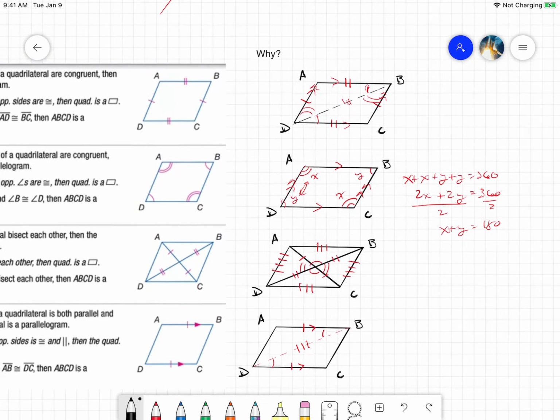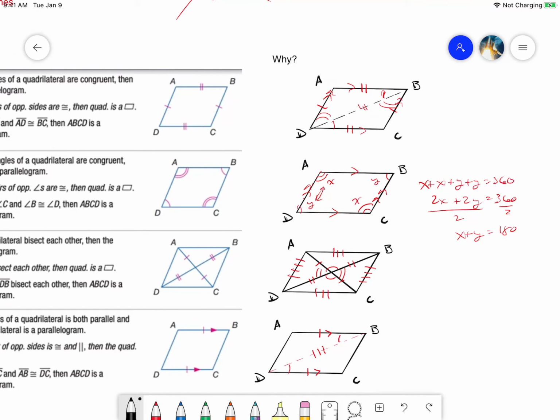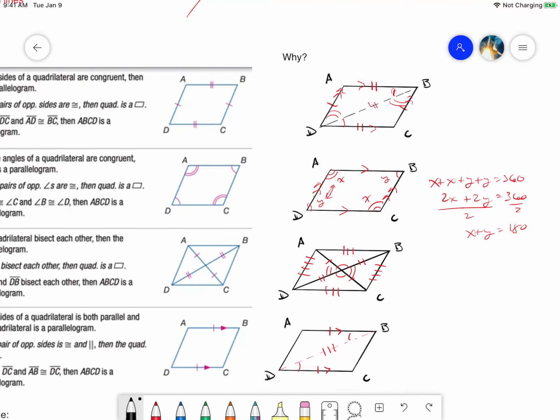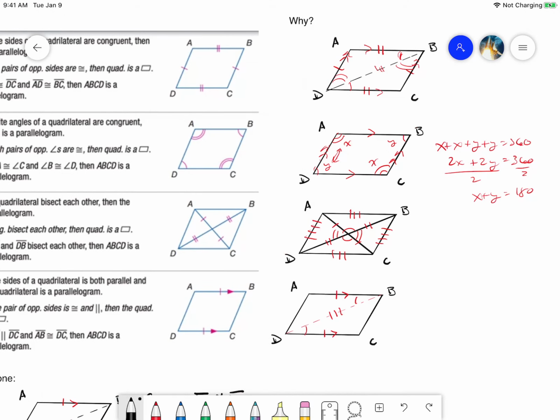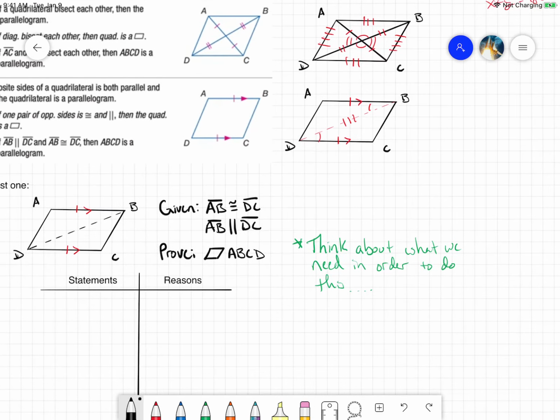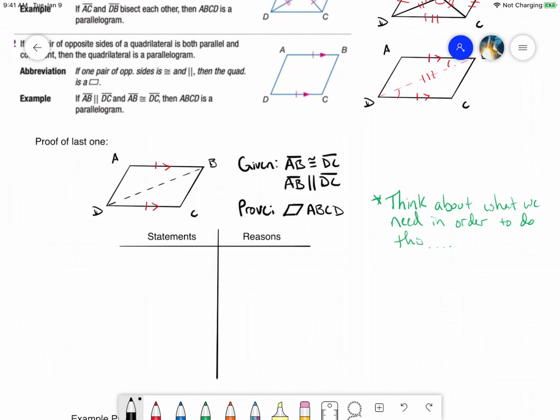I'm going to choose the method of proving that the opposite sides are congruent, right? And then I'm going to use this theorem, and the only reason I'm doing it this way is because I want to show you how to use these theorems. There is an easier way to do it using just the ideas of parallel, but we're going to use that first theorem anyway.